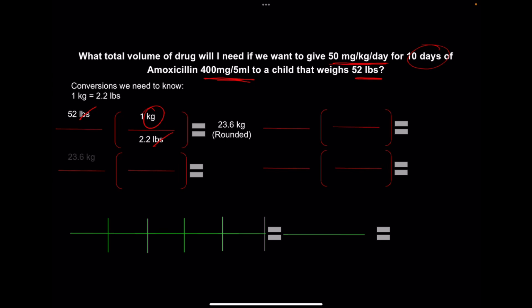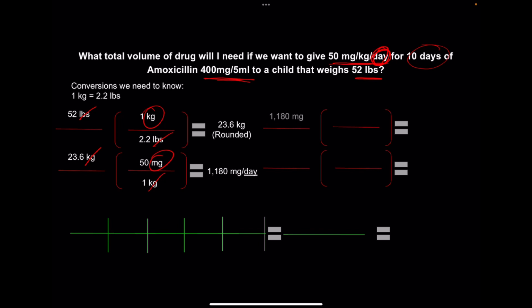We then take that 23.6 kilograms and multiply it by 50 milligrams per kilogram, because we want to find milligrams. Our kilograms cancel out and we're left with milligrams. Remember, this is per day. So this is 1,180 milligrams per day.